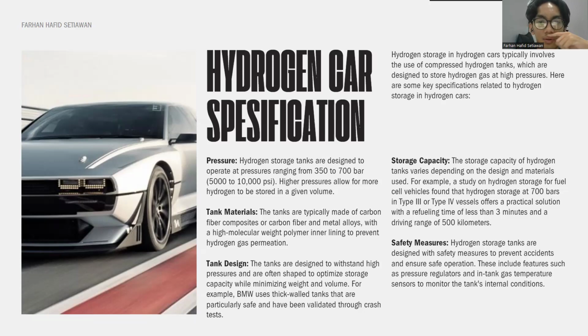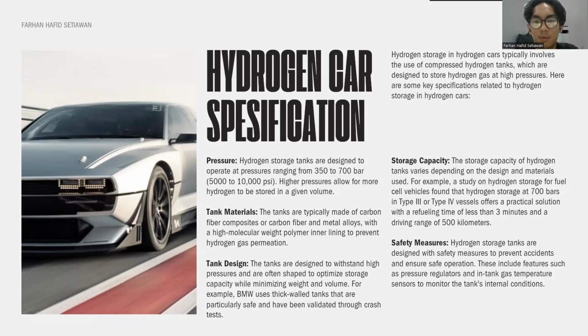Secondly is tank materials. The tank is typically made of carbon fiber composites, or carbon fiber and metal alloys, with a high molecular weight polymer inner liner to prevent hydrogen gas permeation. Third is tank design. The tank design withstands the high pressure and is often shaped to optimize storage capacity while minimizing weight and volume.